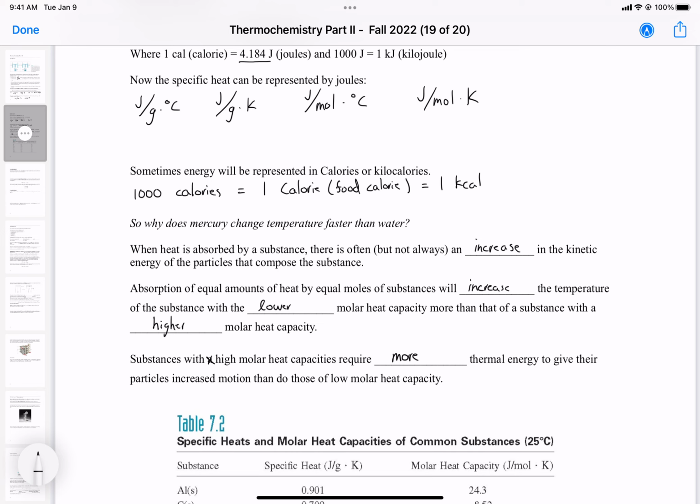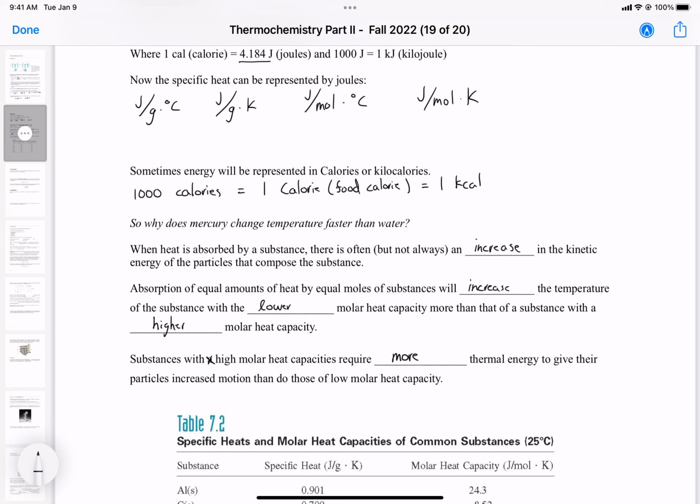The higher the heat capacity, the harder it is to change the temperature of the substance. And for the ones with the lower heat capacity, it is easier.